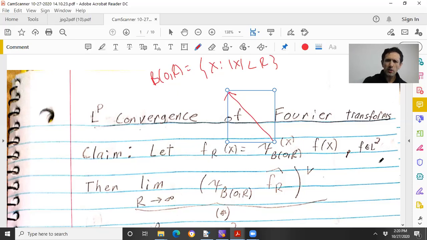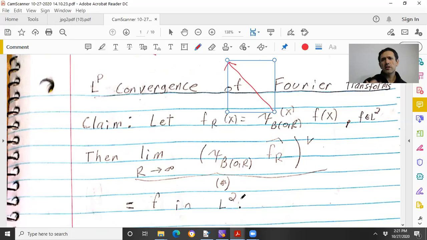Let's say f_r is this function f, but cut off to this ball. Okay, so we claim that if I take this f_r, take the Fourier transform, multiply it by the characteristic function of this ball, let r go to infinity, then we get f back. And this convergence is in L2.